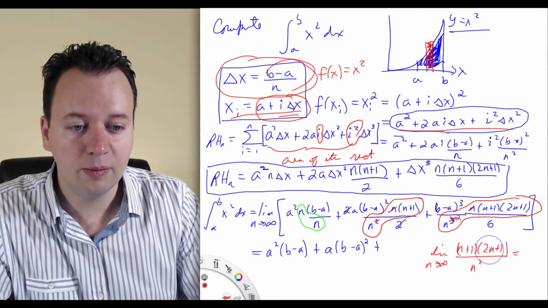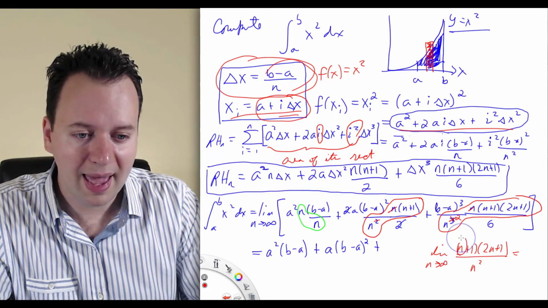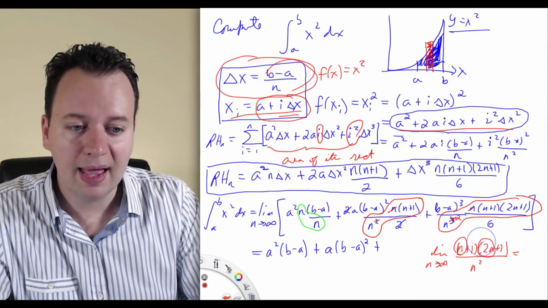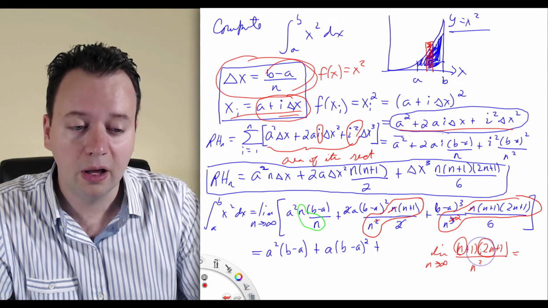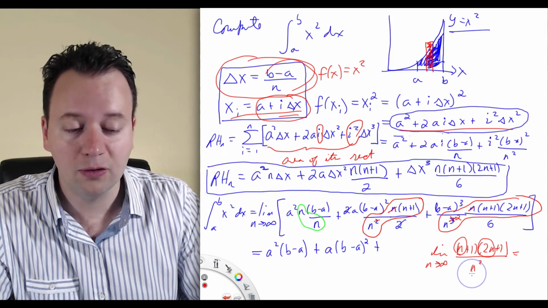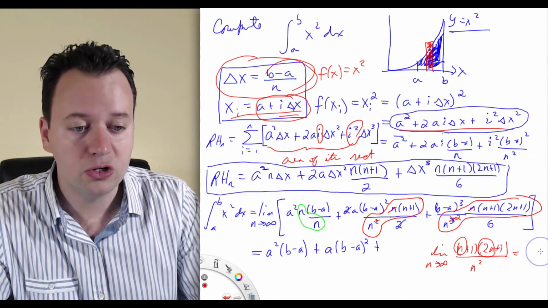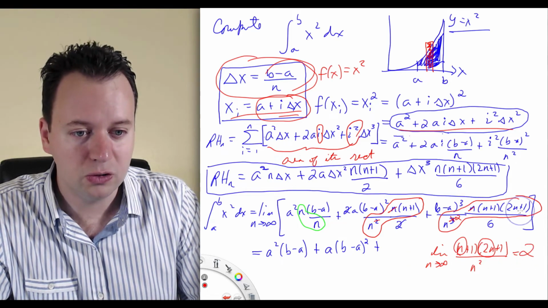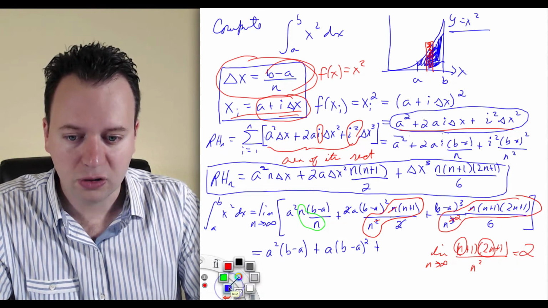Now, the leading term in the numerator is given by n times 2n, which is 2n squared. So the leading coefficient in the numerator is 2, the leading coefficient in the denominator is 1, the ratio is 2 over 1, so the limit is 2.